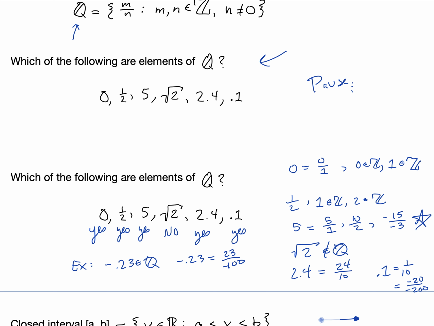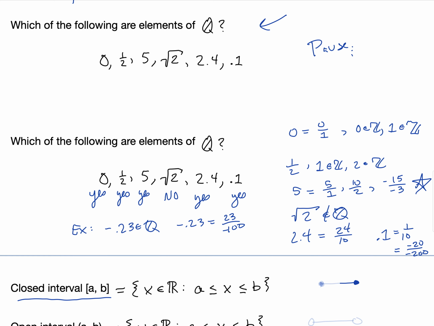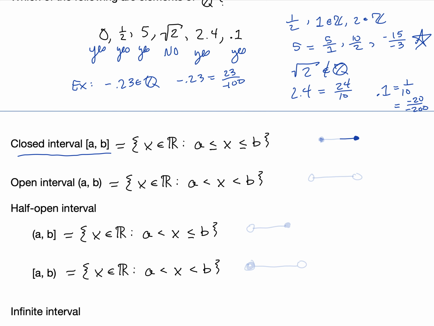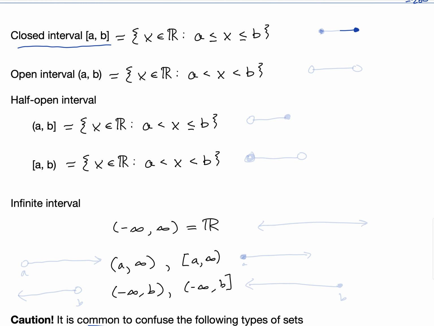One last collection of sets to describe in this video are intervals. So the closed interval AB is a set. Square braces indicate that it's a closed interval, meaning that it includes the endpoints. That can also be written in set builder notation as x in the real numbers, such that a is less than or equal to x, which is less than or equal to b.